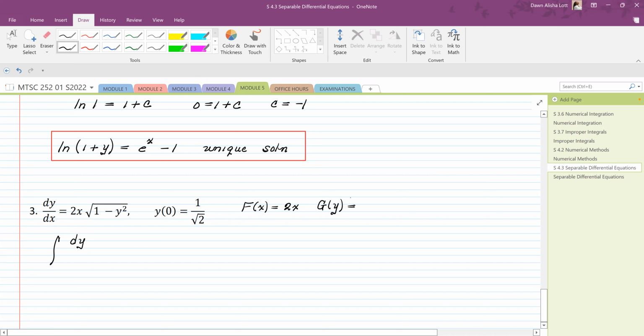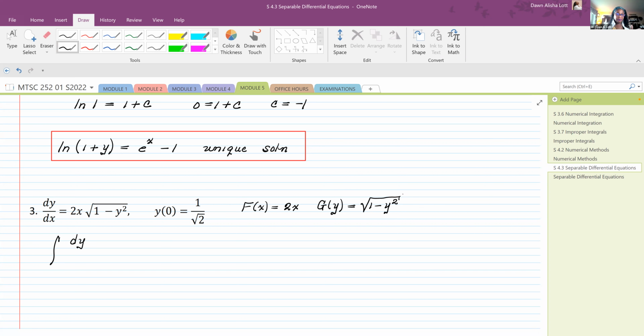Now that should be the root 1 minus y squared. Now remember, the y's go with the y and the x's stay where they are. So the y's move to the left and the x's stay where they are, except for the dx, which moves to the right.